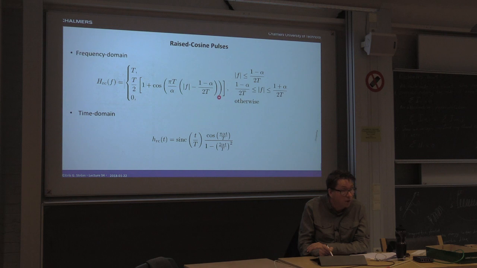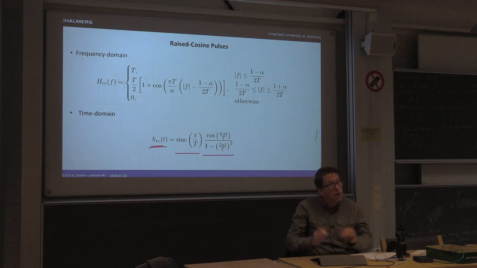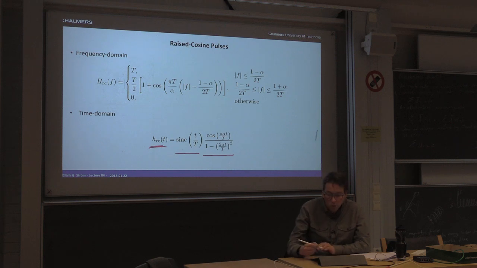If we would like to have this in the time domain, we do the inverse Fourier transform of this, which is a nice exercise, and if you do that, you get this result. The raised cosine pulse in the time domain is a sinc function multiplied with something which is a little bit hard to see exactly what it is right now, but it brings down the tails of the sinc function. If you remember, the sinc function looks something like this.